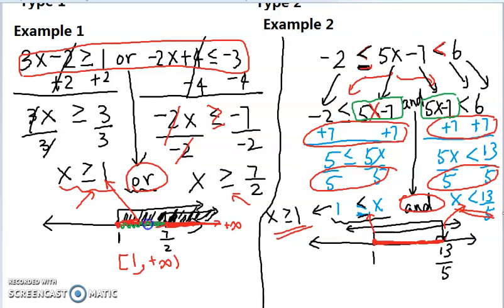Although these numbers are not greater than 7/2, they are still solutions because they are greater than 1. So again, you don't have to meet both requirements. These numbers meet the first requirement, then they should be solutions. And these numbers, they meet both requirements. They are more than qualified. Okay, so that's the difference.